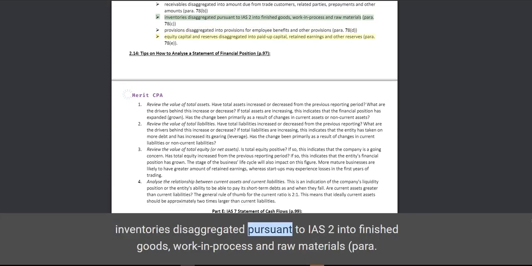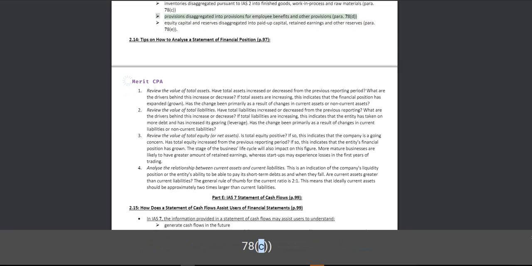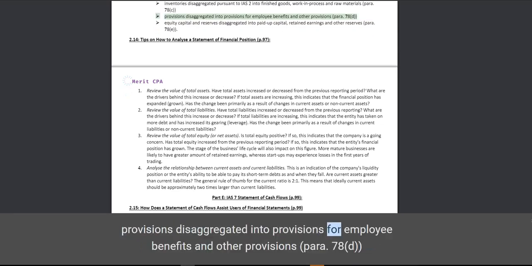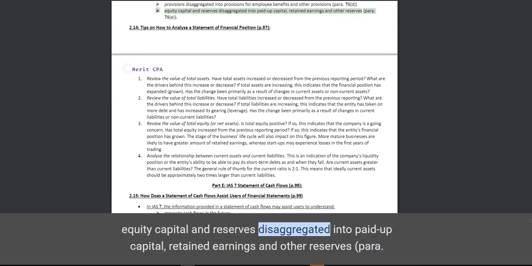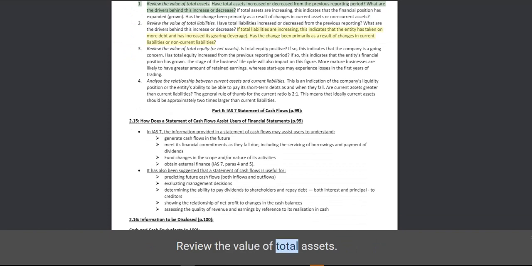Inventories disaggregated pursuant to IAS 2 into finished goods, work in process and raw materials. Para. 78c. Provisions disaggregated into provisions for employee benefits and other provisions. Para. 78d. Equity capital and reserves disaggregated into paid up capital, retained earnings and other reserves. Para. 78e.